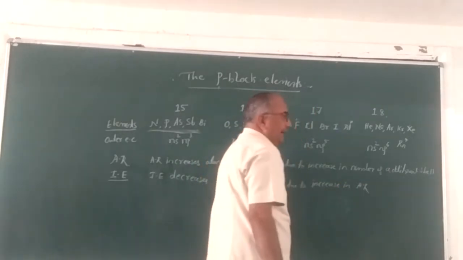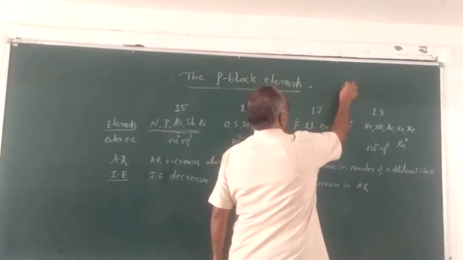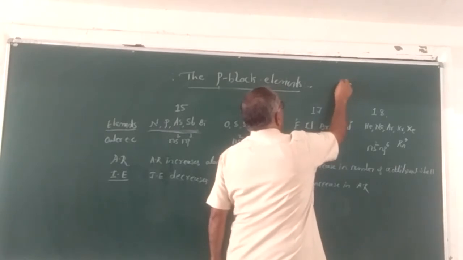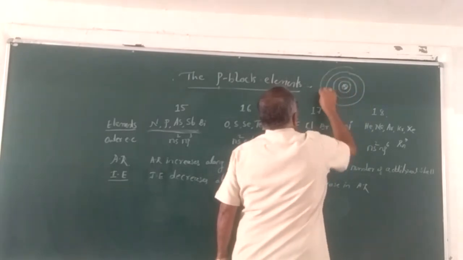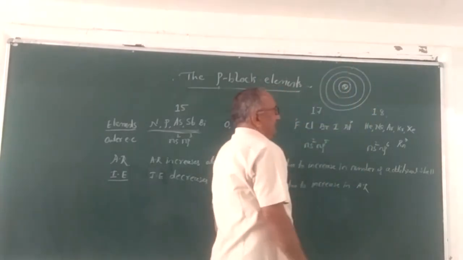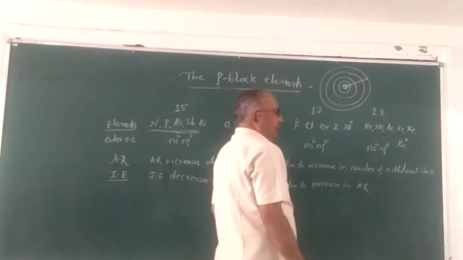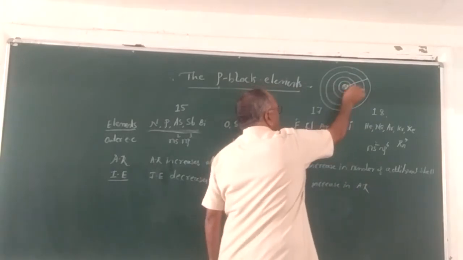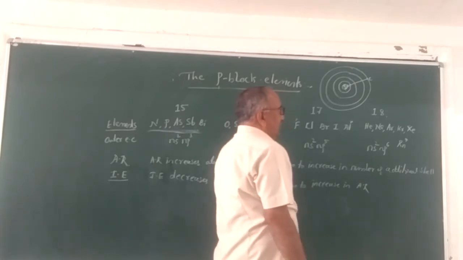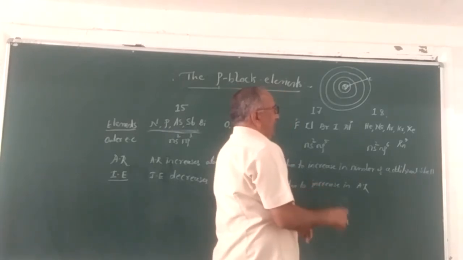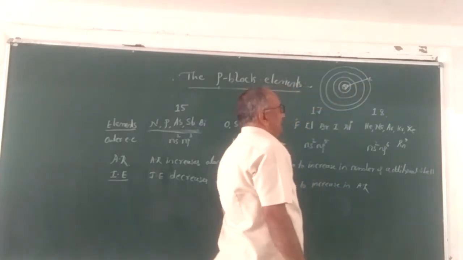atomic radii. As the size increases, see that this is your nucleus containing neutron and proton. As the size increases, the attractive force between the proton and the electron present in the outermost shell decreases, so the amount of energy needed to remove the electron from the valence shell is less.